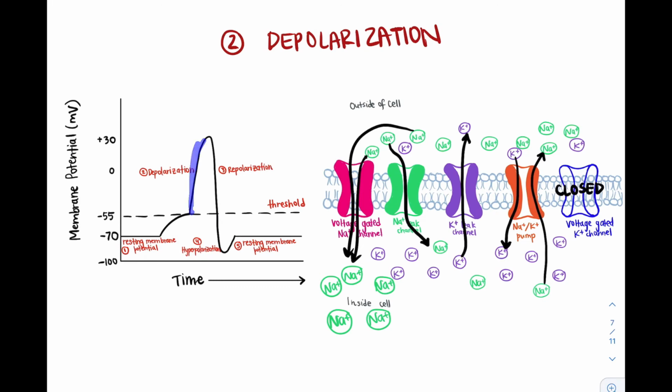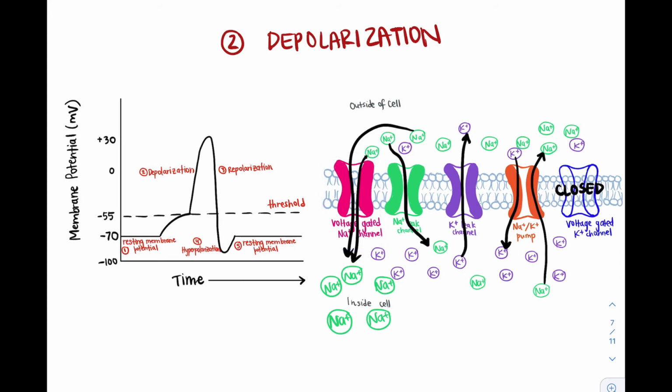So remember that sodium and potassium leak channels were open at resting membrane potential, and the pump was also open. So all three are open, and they're going to stay open. But the main thing that happens is that now voltage-gated sodium channels are going to open.